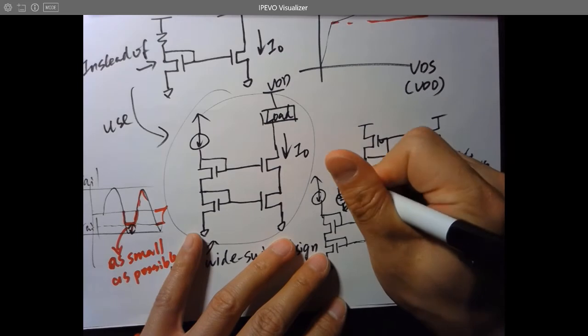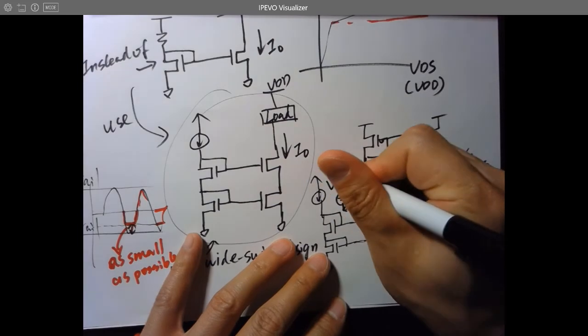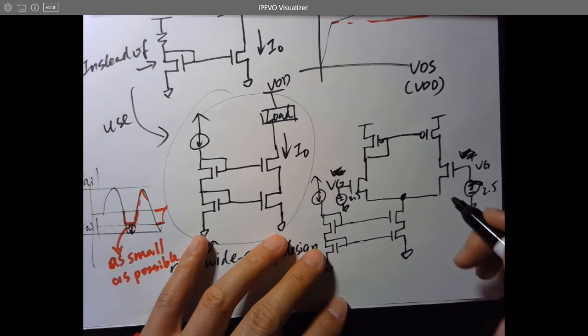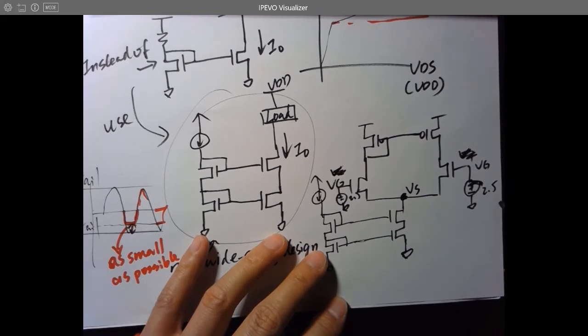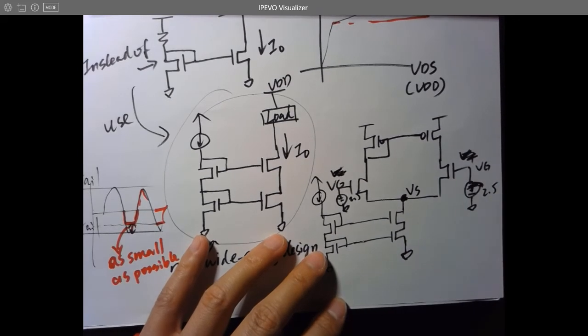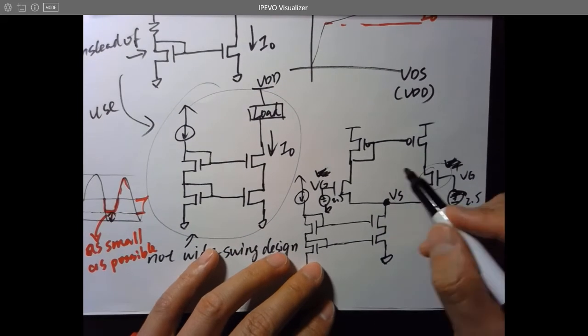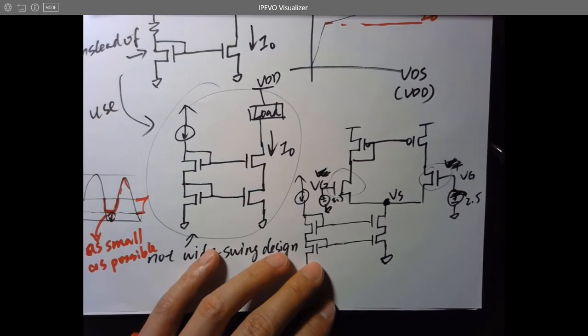So this is not VGS. Why is it VG but not VGS? Because this point here is not ground. This is VS. So 2.5 volts is not actually the overall VGS to turn on these two NMOS, right? But instead, it is just the VG.